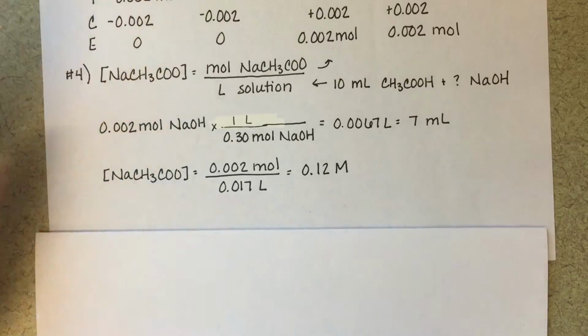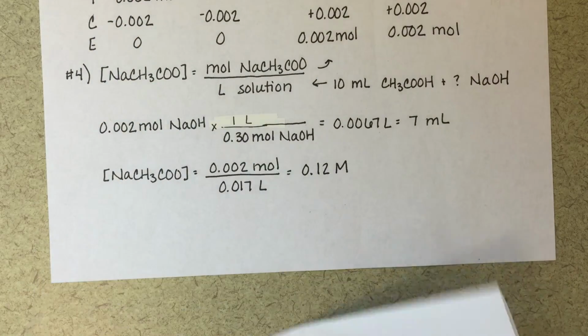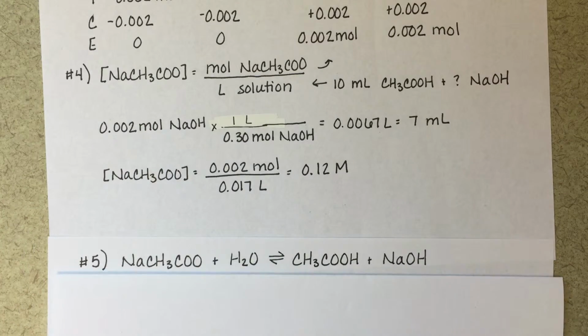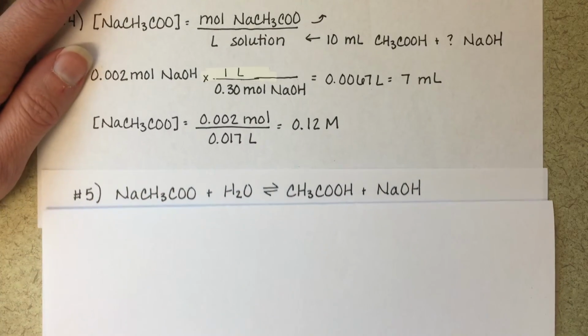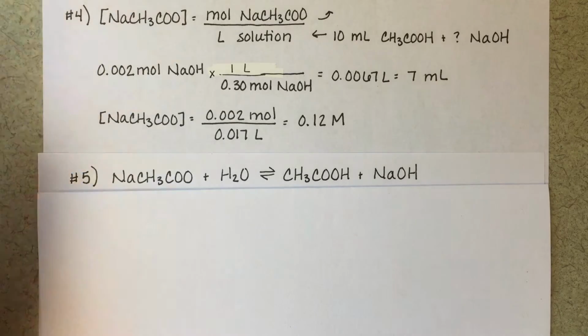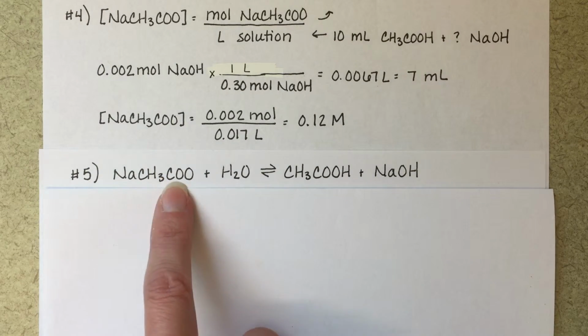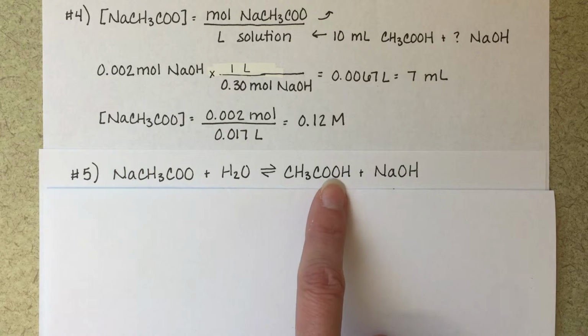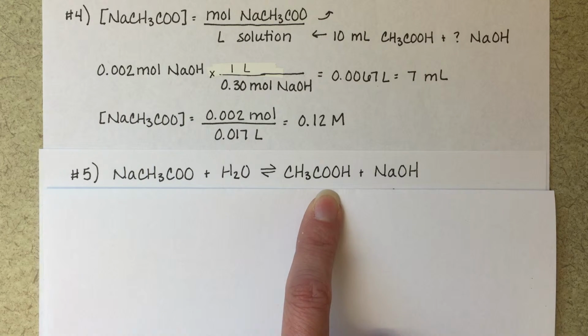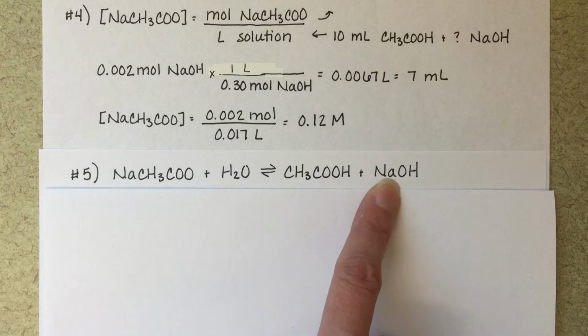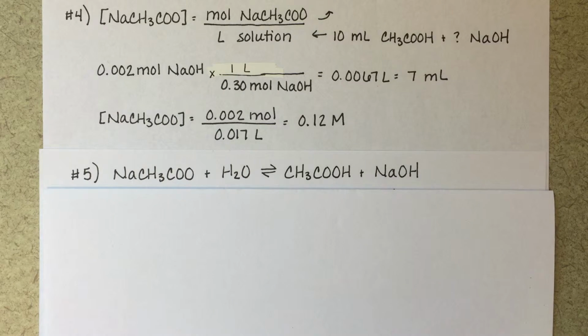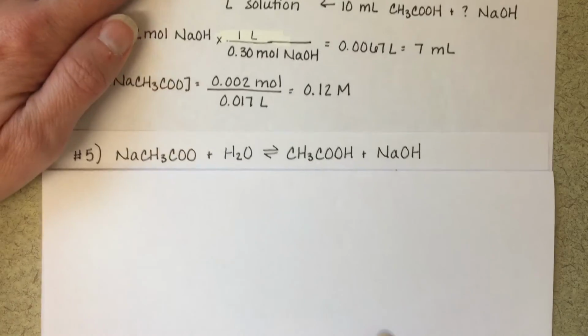So the next thing that we need to think about is how the sodium acetate reacts with water. So first we're going to set up an equation to show us what the products are, and I'm showing you that sodium acetate reacts with water in an acid-base reaction to produce acetic acid and sodium hydroxide, which is what we started with. So we're just kind of putting it back, which makes sense if you understand the concept of equilibrium.